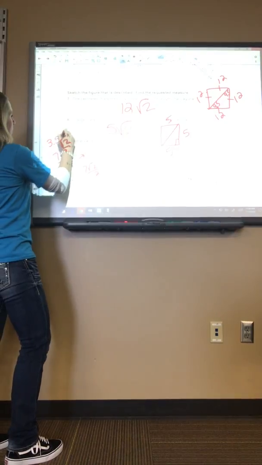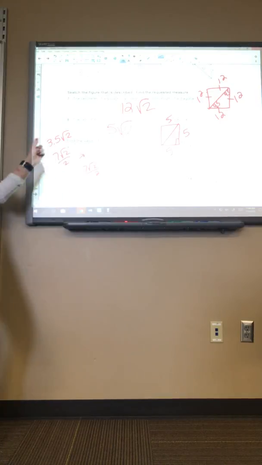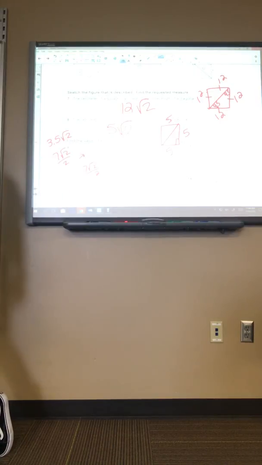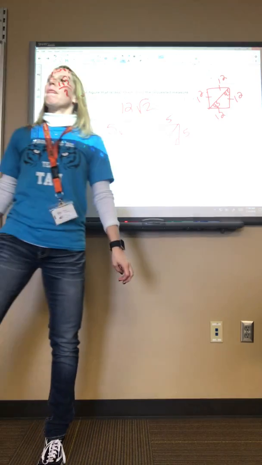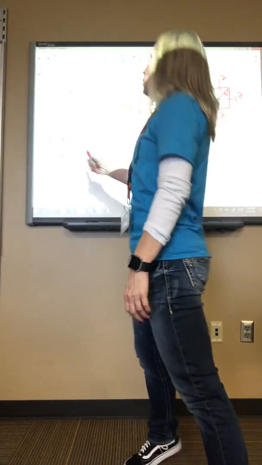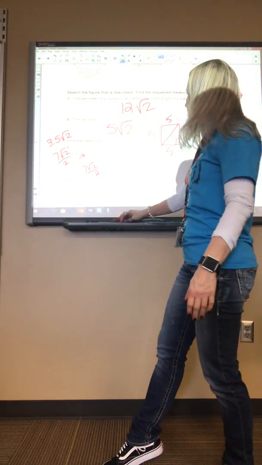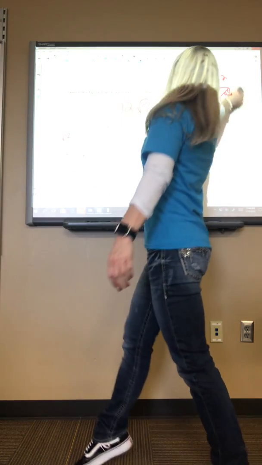Would they take that on our ACT? ACT is going to be multiple choice, and the multiple choice would be the 7 radical 2 over 2. They won't give you the 3.5 radical. I agree, but I would accept either answer, because those do mean the same thing.